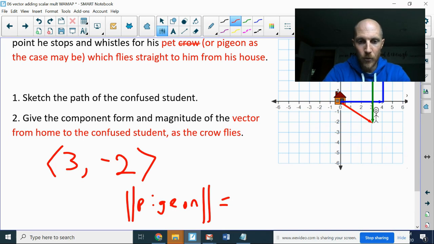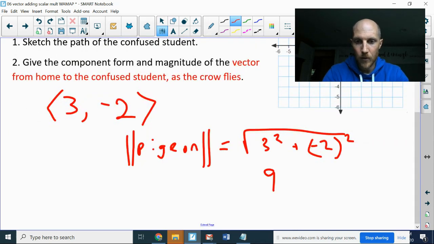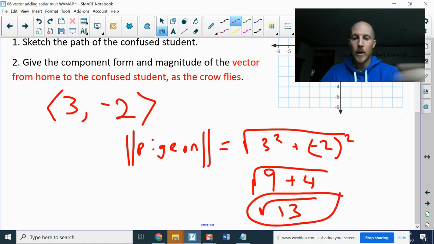Use the double brackets just to avoid any possible confusion to represent magnitude. So I got 3 squared plus -2 squared, and it's 9 plus 4. That's going to be 13. So radical 13. I'm going to leave it in radical form because that's the way we do it.